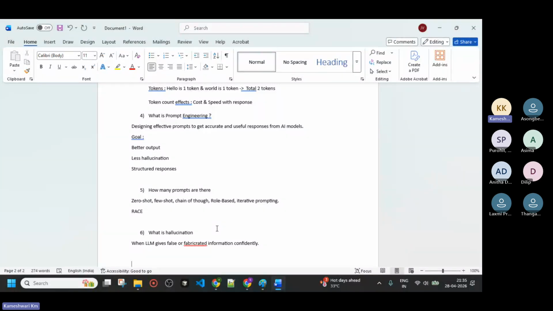I may simply ask what is the bank balance of Dilip and give the account number. It is not supposed to give that, right? It has to be restricted. But it may hallucinate and say this is the bank balance you are asking about. It should give accurate answers, not wrong answers by thinking the wrong way.